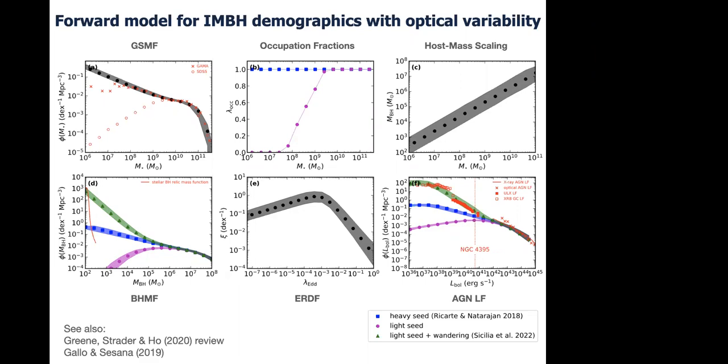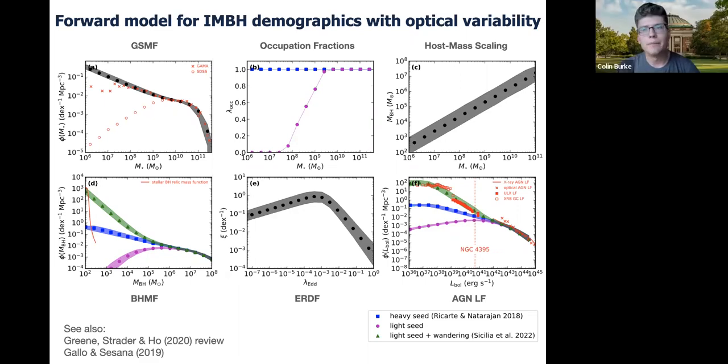Okay, so if those wandering black hole candidates were real, where would they fall on that green curve? Well, it depends on their number density. I know there was a sample of wandering black holes identified in the radio.